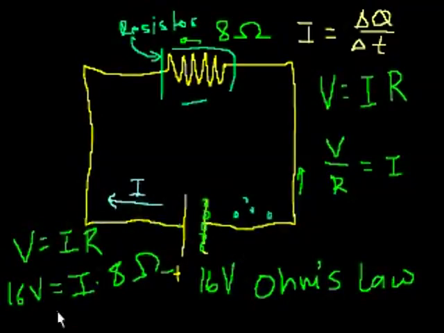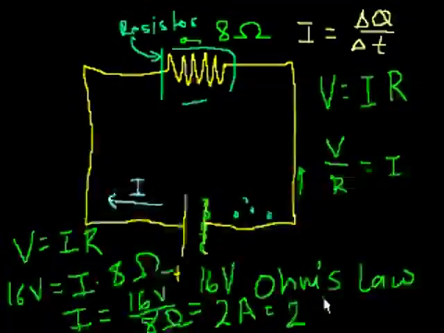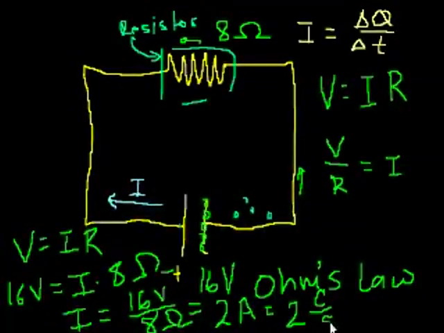So the current is equal to 16 volts divided by 8 ohms, which is equal to 2 amperes, or sometimes they're called amps, and that's the unit for current. But as we know, current is the amount of charge per amount of time. So an ampere is just 1 coulomb per second. So 2 amperes is 2 coulombs per second.